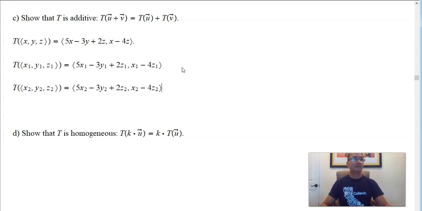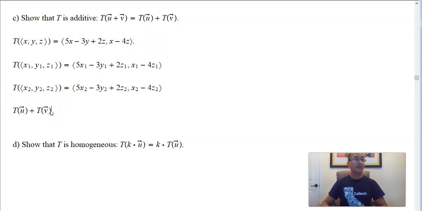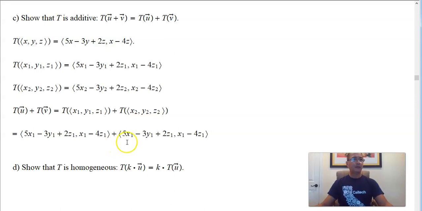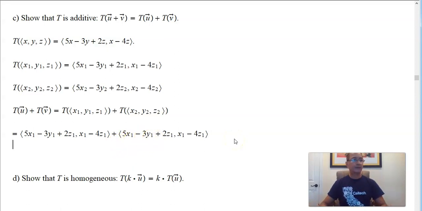Okay, simple enough. Now we are going to add them together. Let's work on the right side. Our right side is T of u plus T of v, and that will be T of (x1, y1, z1) plus T of (x2, y2, z2). We're just going to copy these two vectors here. But we know how to add two vectors.